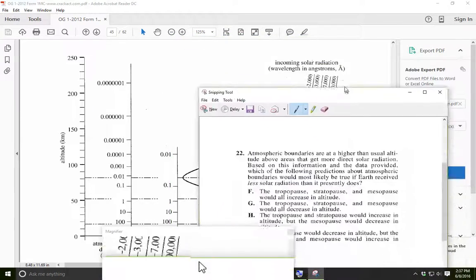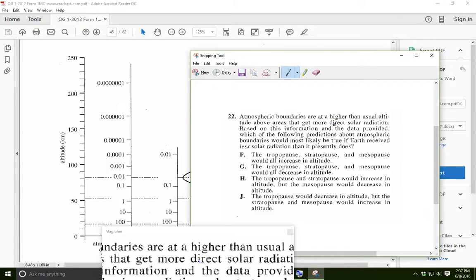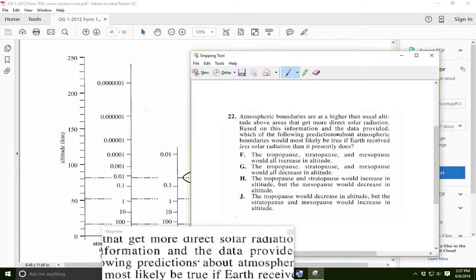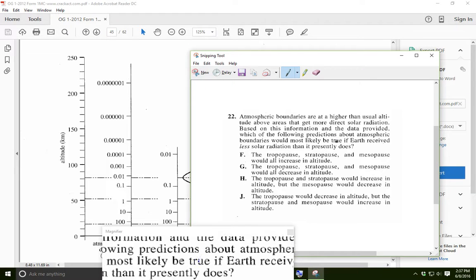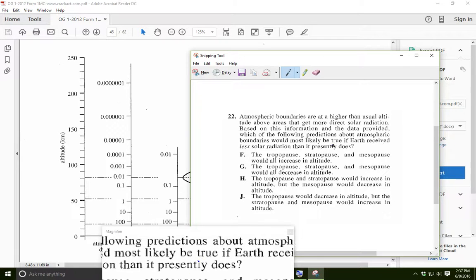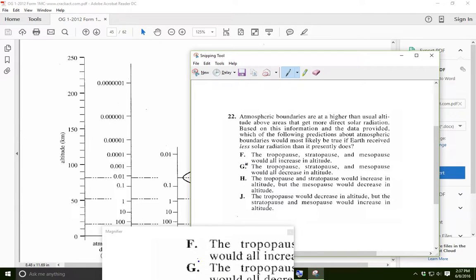Well, if atmospheric boundaries are at a higher than usual altitude above areas that get more direct solar radiation, then if Earth received less solar radiation, the altitude should decrease.